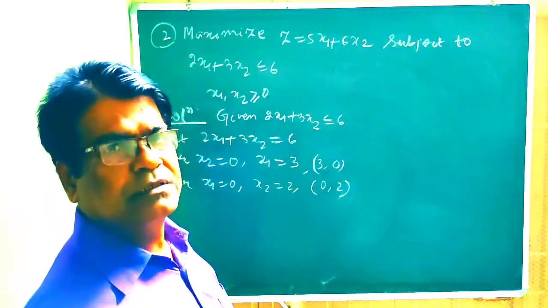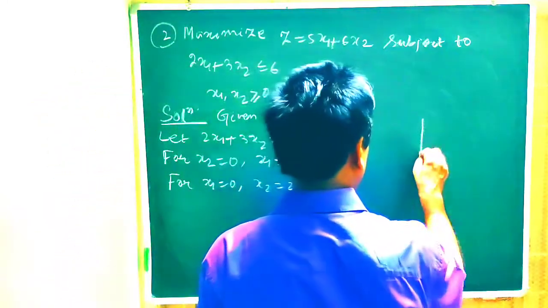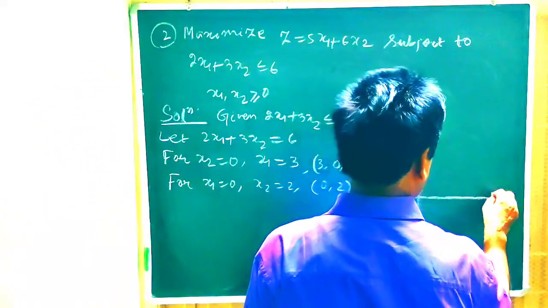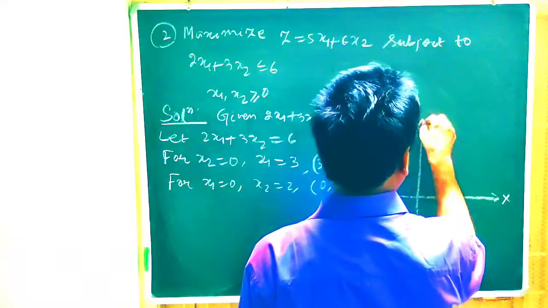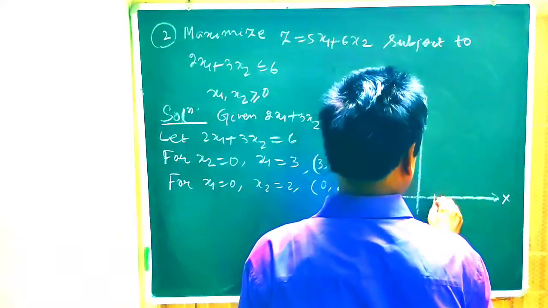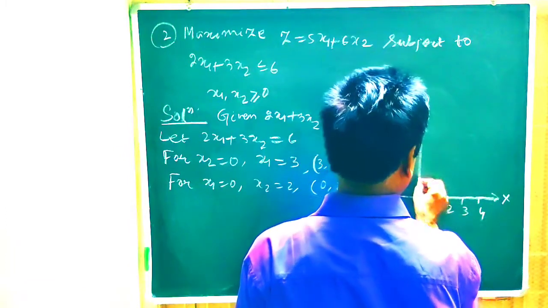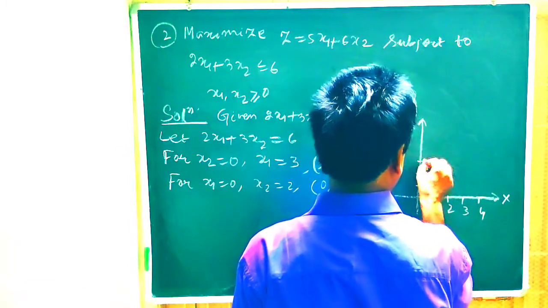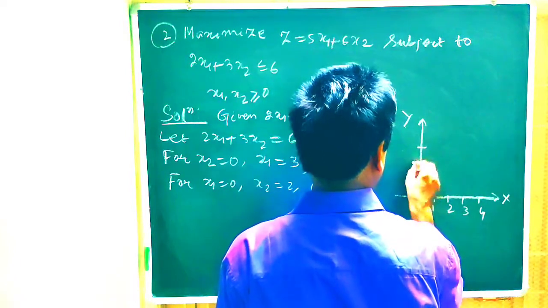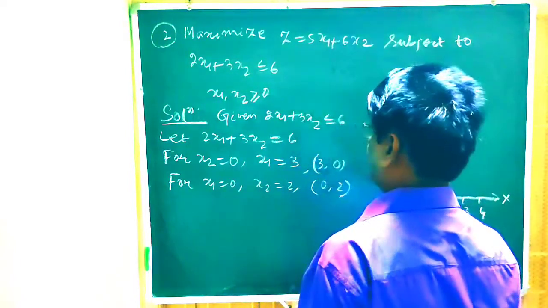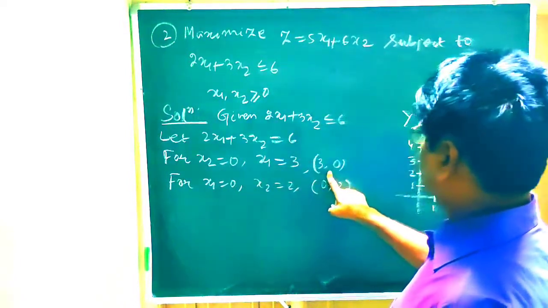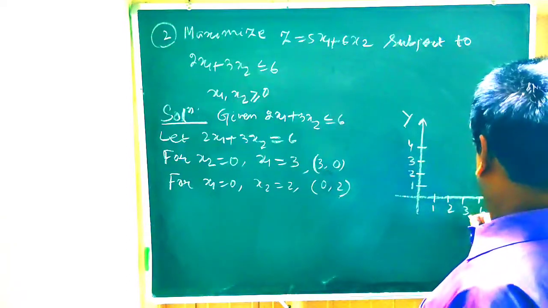So let us draw the graph. This is our x-axis, this is y-axis. 1, 2, 3, 4. Now the first point 3, 0 is here.